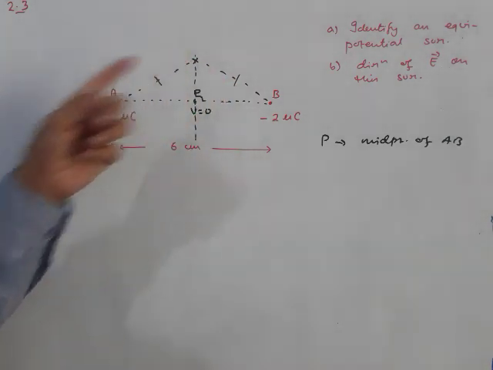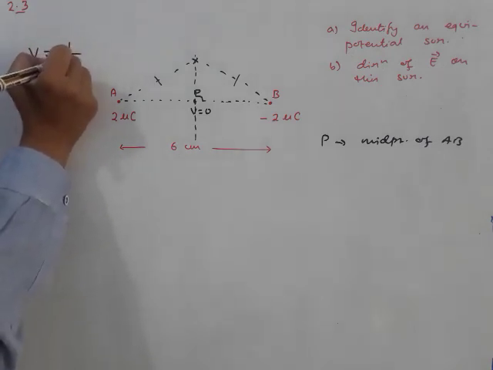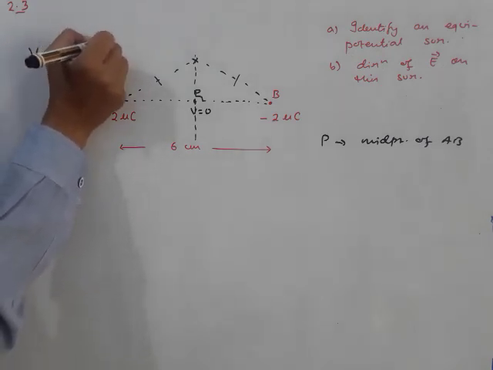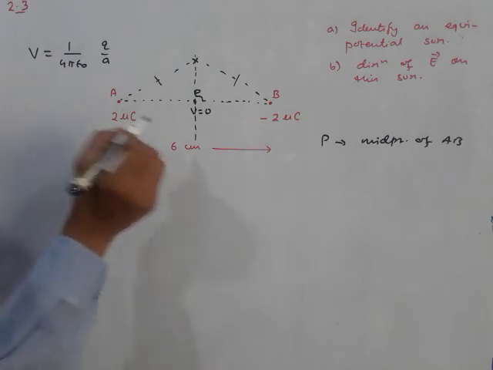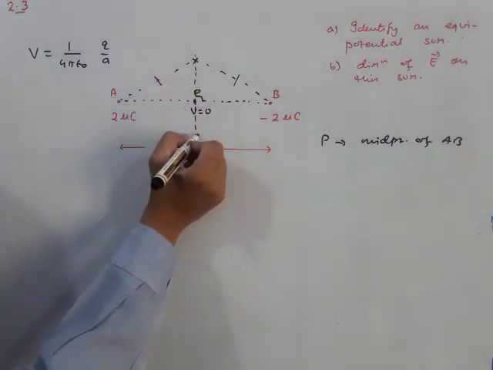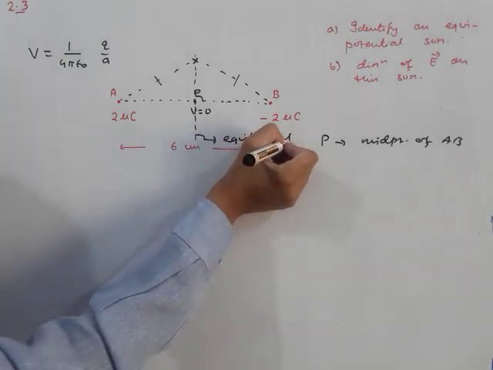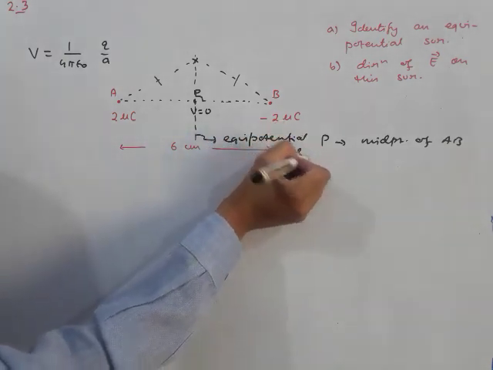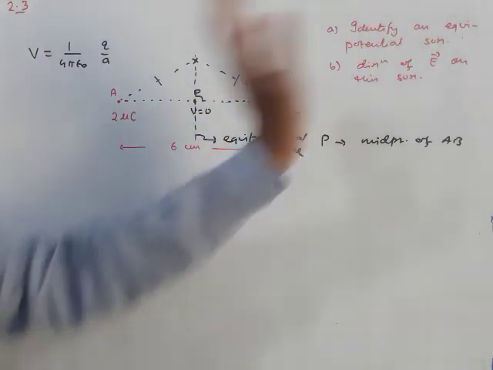Therefore, the potential must be 0 because potential is given by the formula 1 upon 4 pi epsilon naught charge by the distance of the point from the charge. So it is an equipotential line, we can say. Equipotential line. But in question they have asked equipotential surface.